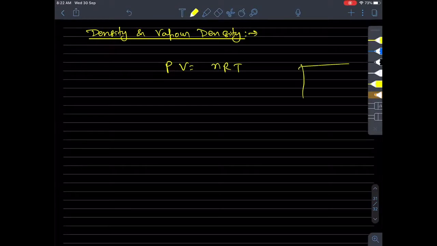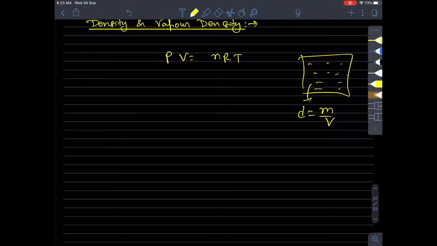And if I ask you what is the density of any material, you know a very regular formula: density is the ratio of mass and volume.